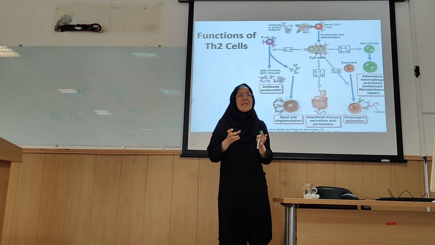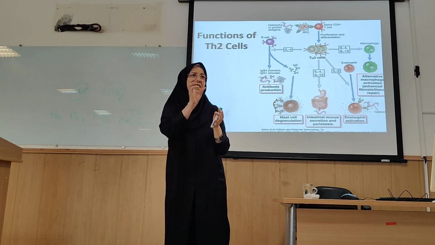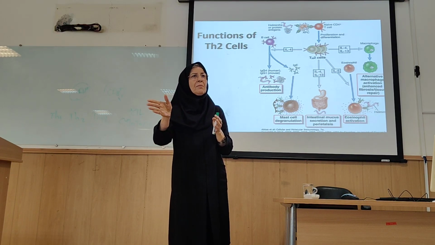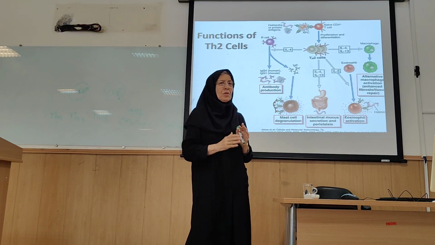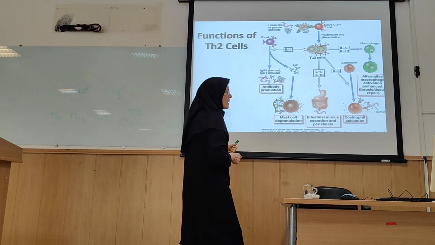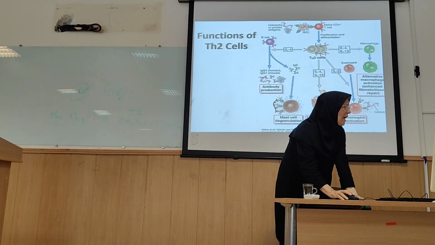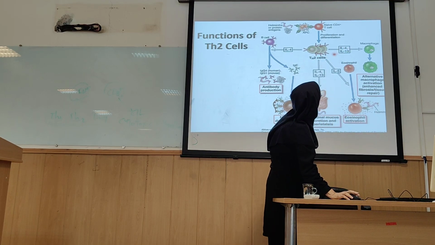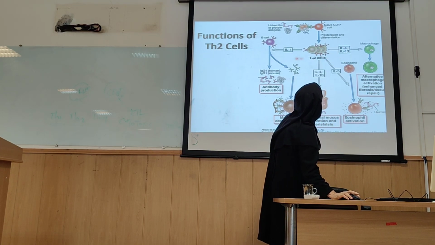Antigens determine whether naive T cells become T helper 1, T helper 2, or T helper 17. After that, T helper 2 cells produce some cytokines, like IL-4, 13, and 5. And you can see here the functions of these 3 cytokines.